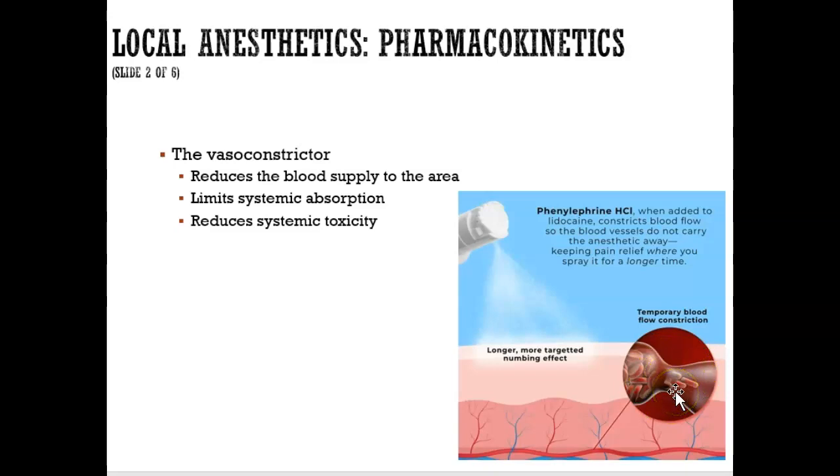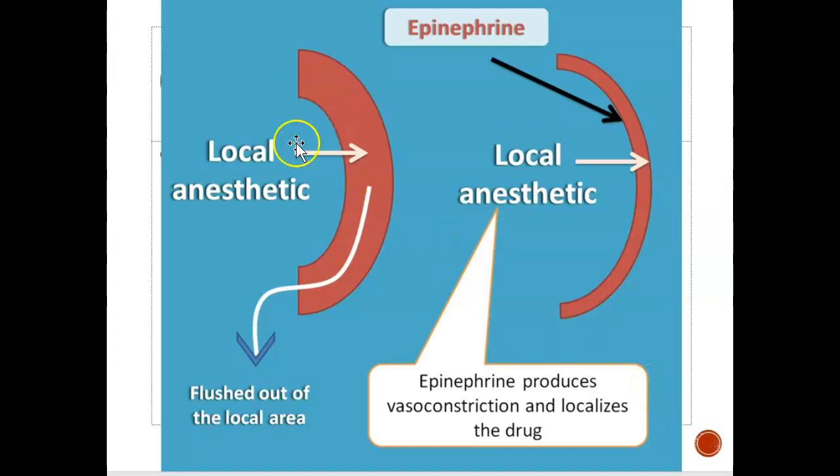And why is that important? It's important so that the local anesthetic stays in that area for some time. If you have a local anesthetic without epinephrine, it'll just flush out, it'll just wash away.